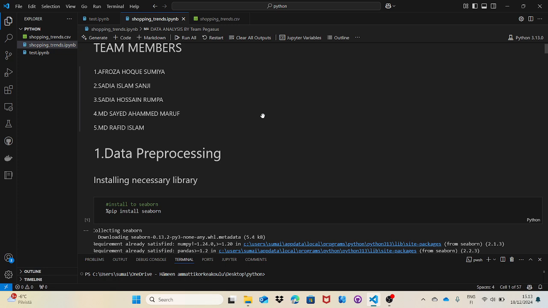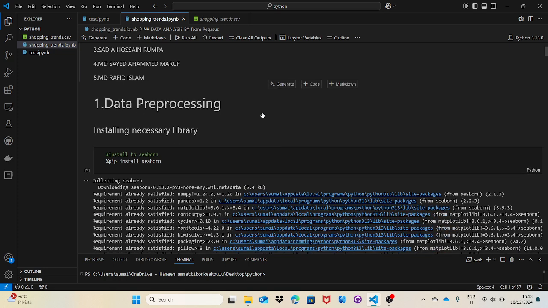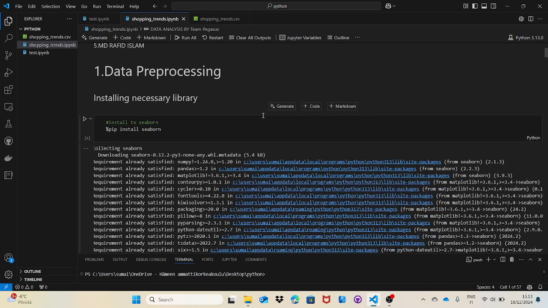In our project, the first step was to load the dataset into our analysis environment. This is a crucial part of any data analysis process because it sets the stage for everything that follows.